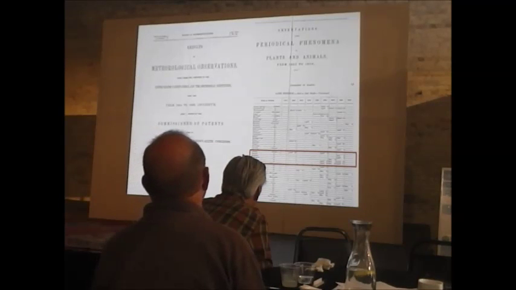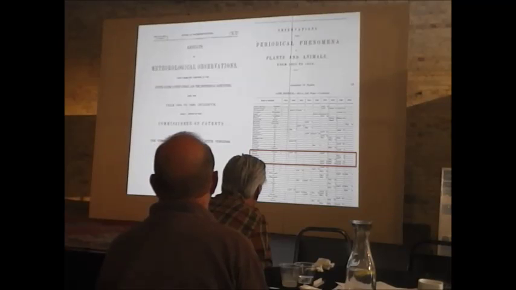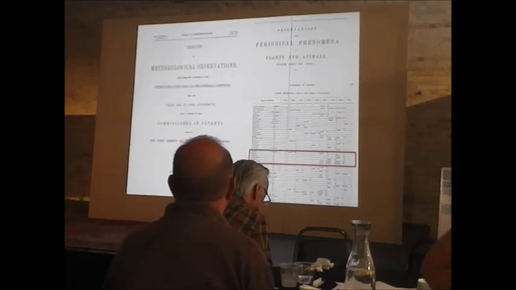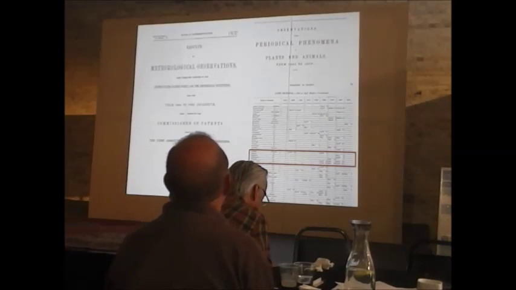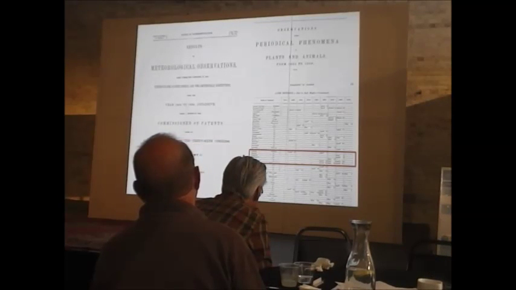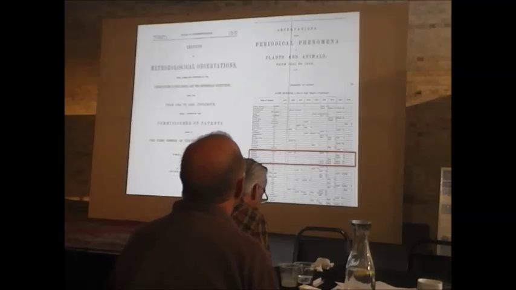I haven't ever figured out why the Patent Office was involved, and the Smithsonian. This is the 1800s. And they have these sections on observation of periodical phenomena of plants and animals. And I've circled, you guys can't read that, some records from here in Minnesota.